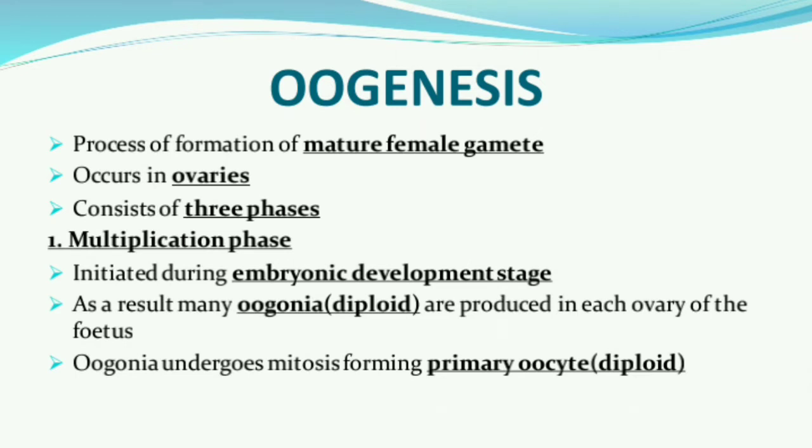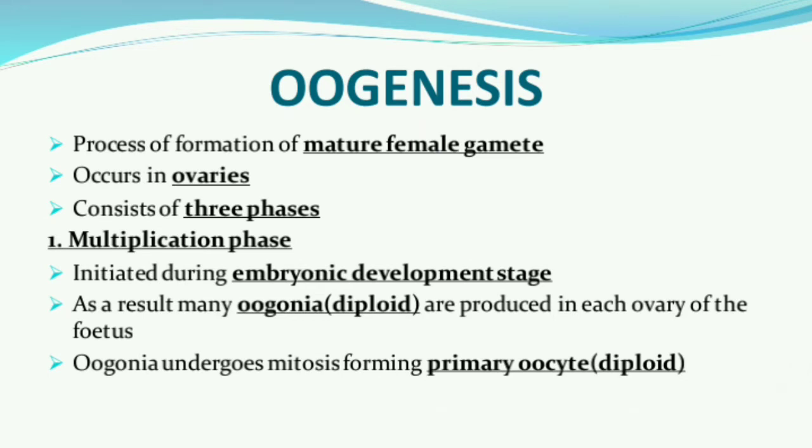Now see, the period of oogenesis is different in case of different animals. Like in human female, there are about 1700 primary germ cells in the undifferentiated female gonad at 1 month of fetal development. These proliferate to form about 6 lakh oogonia at 2 months of gestation period, and by its 5th month, the ovaries contain over 7 million oogonia.